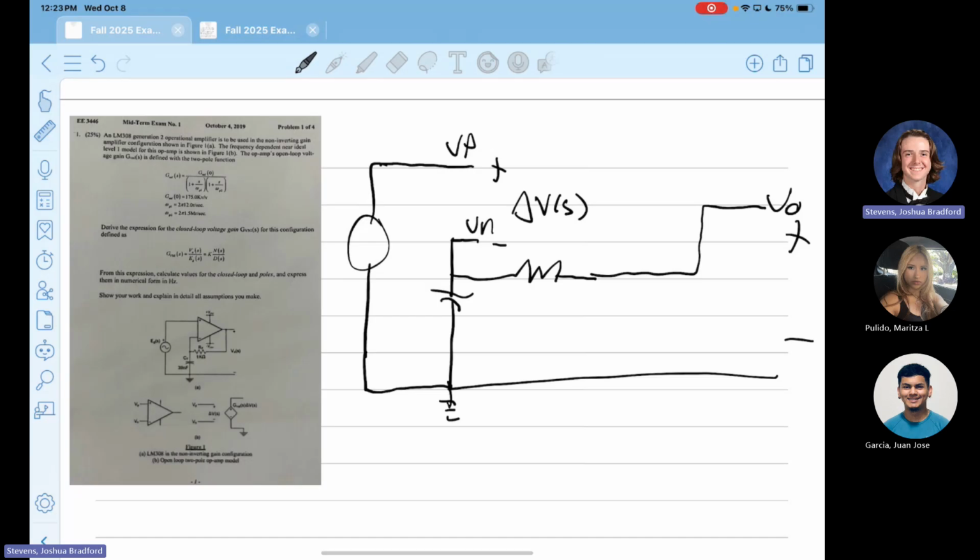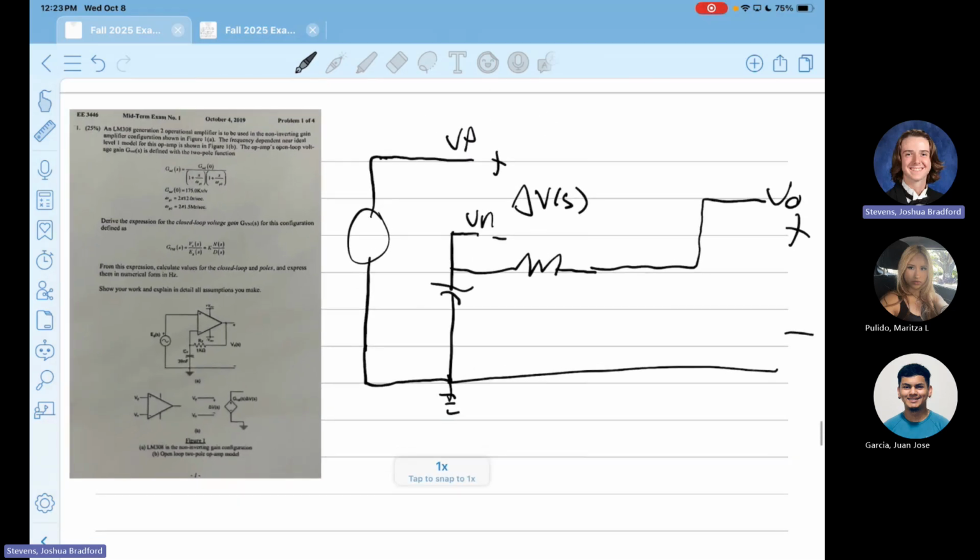But also, I have this voltage source here that I can tie to my output voltage. Like I said, this kind of sucks.